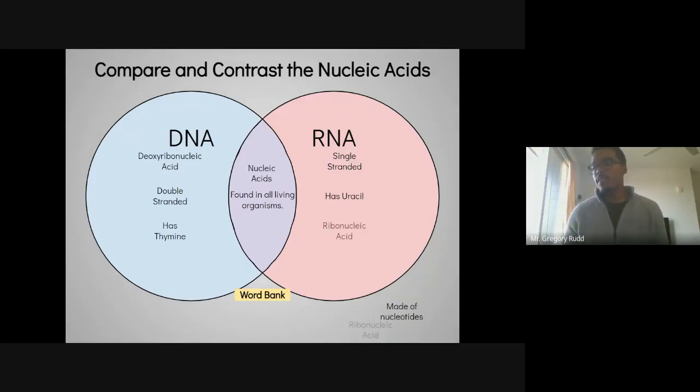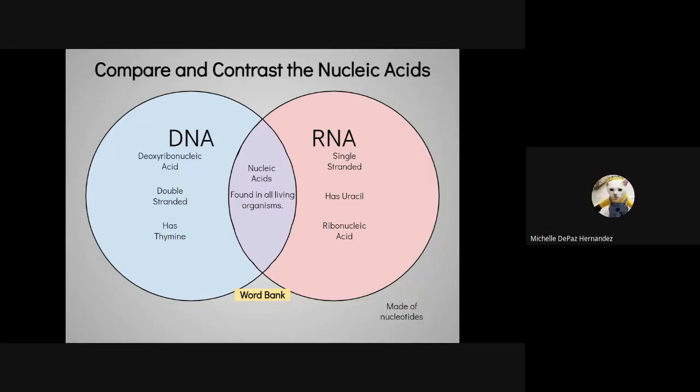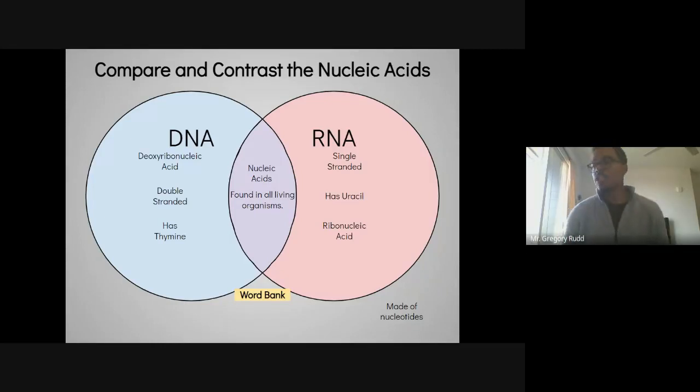And then lastly, which one of them is made of nucleotides? Both of them are. Good. Trick question there. All right, so I'm going to leave this up so you can do some comparing and contrasting. You can write it in your notes. Again, I love visualization. Venn diagrams, really simple, but they work.